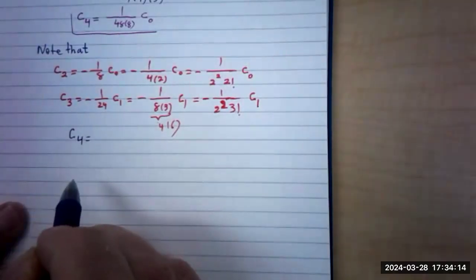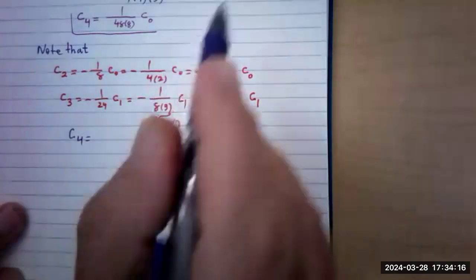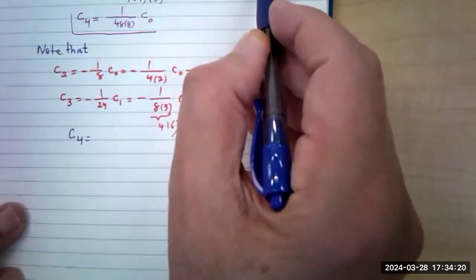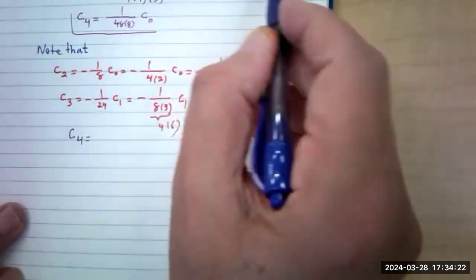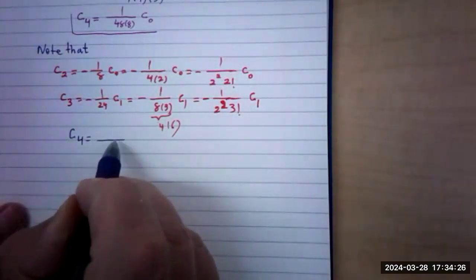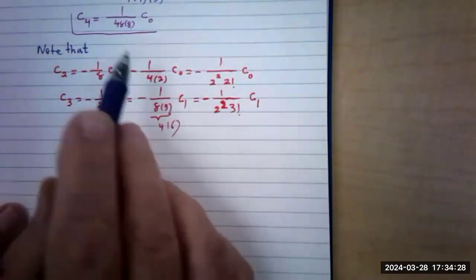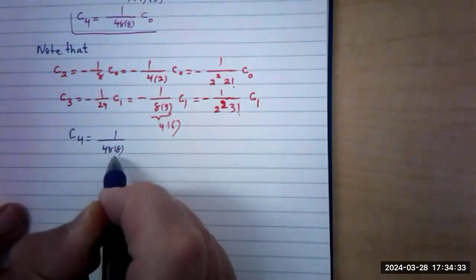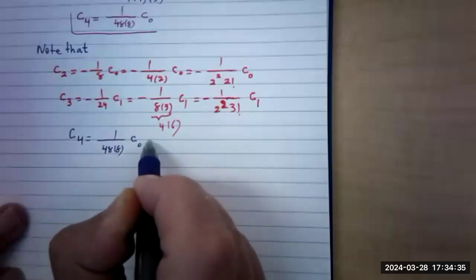C4 is equal to what? In a case of the C4, let's make sure we substitute this one. If you want to make something similar, it was 48 times C naught.